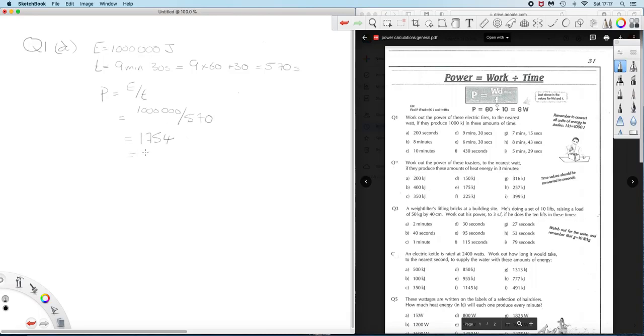So we could write that as 1.8 kilowatts to two significant figures.